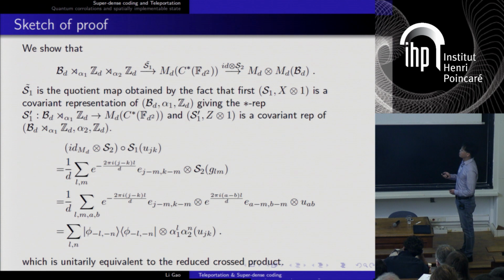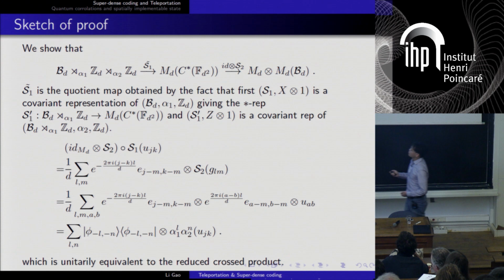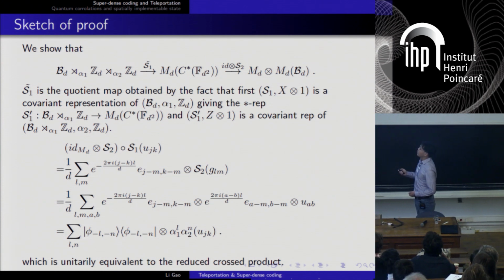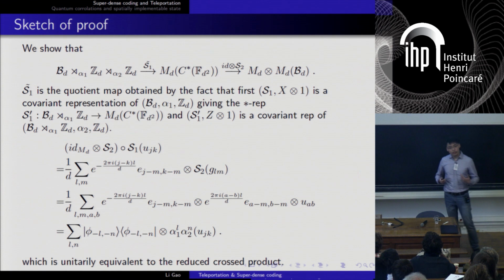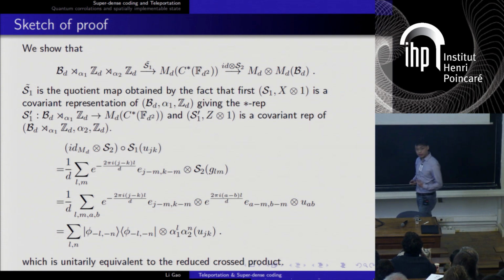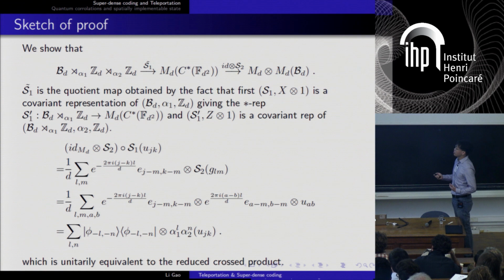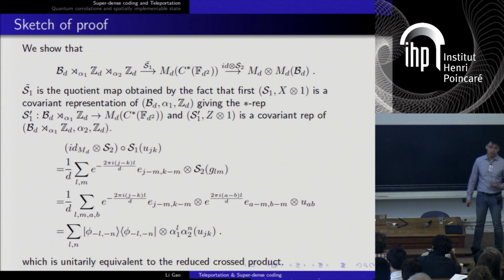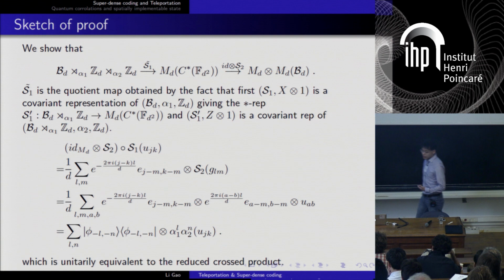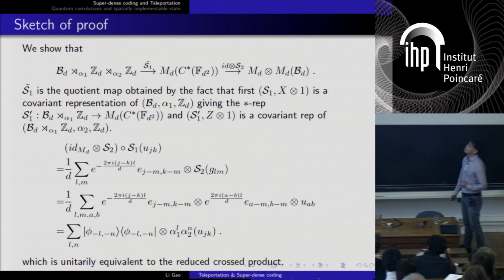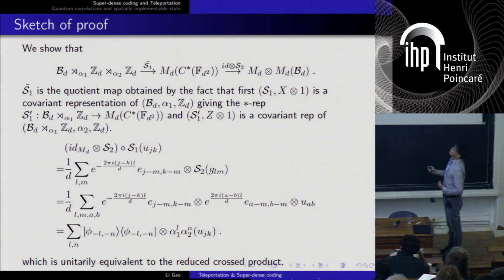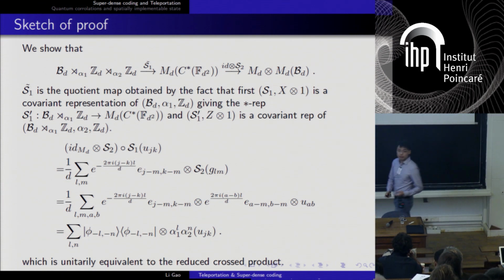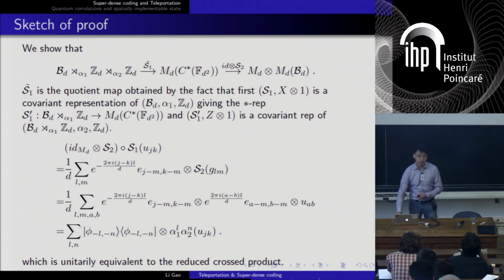By this calculation, if you recognize this form, recall that phi_{-L,-N} are all maximally entangled states. They form an orthonormal basis. So it is not hard to see this picture is unitarily equivalent to the reduced cross product. Now, since Z_D is an amenable group, the reduced picture equals the full cross product. So these two compositions have to be isomorphisms. That is the sketch of the proof.